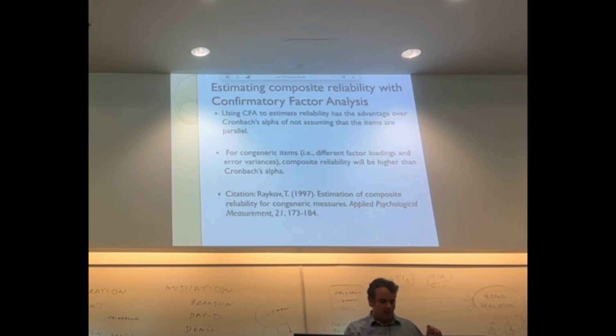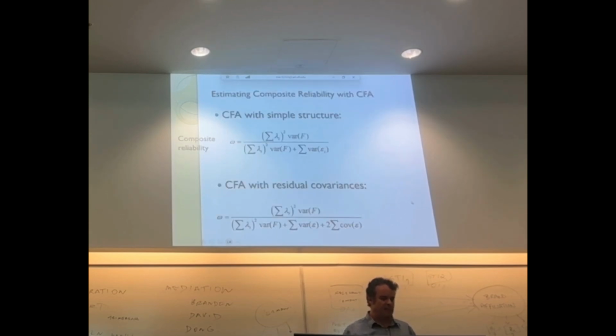Now, I'll show you how to compute reliability using CFA, and this is called composite reliability or coefficient omega. It's better than Cronbach's alpha because it does not assume that the items are equal measures of the construct. I put a citation here for the procedure, but this is the procedure. It's the sum of the factor loadings, squared, and the factor variance.